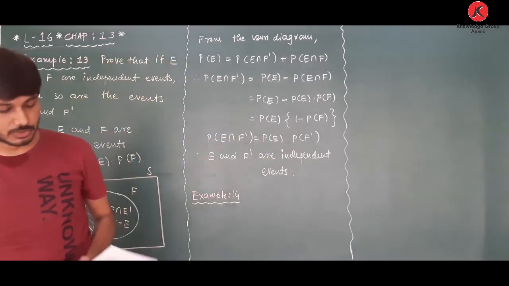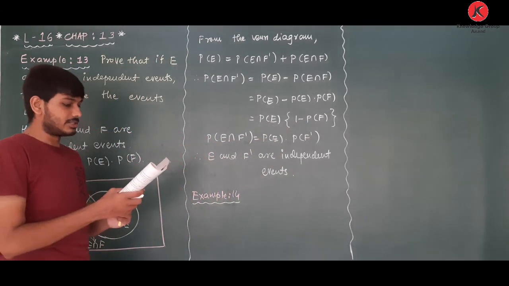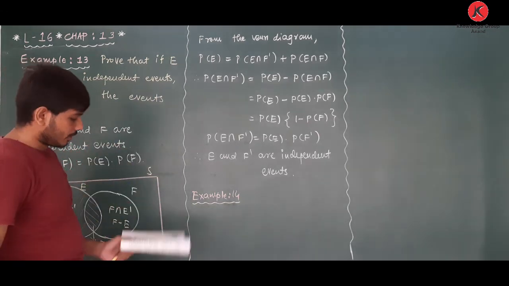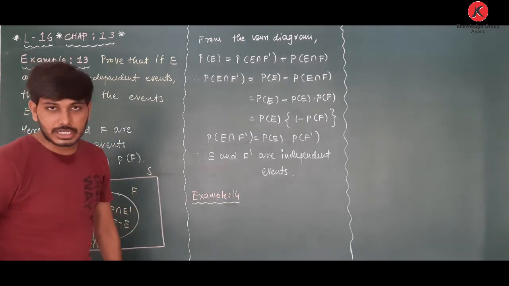You have to prove this. It is a very easy question. See here how. It is given that A and B are two independent events.